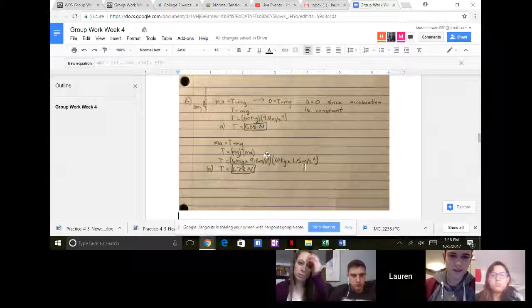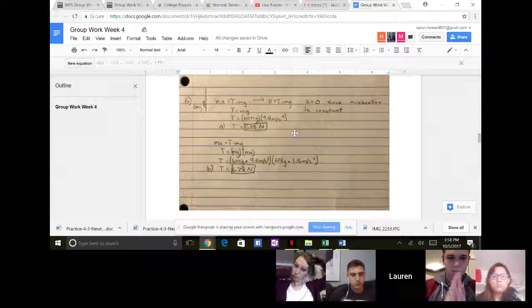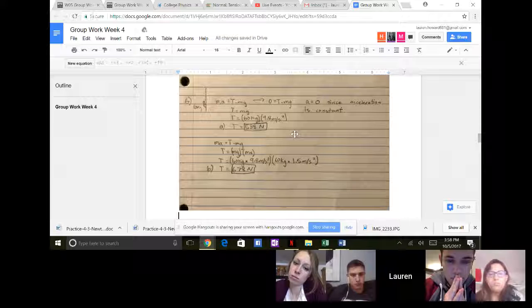I have a question really quick. Looking at your equation, you said mass times acceleration equals tension minus mass times gravity? Yeah. So when you took tension out and solved for tension, shouldn't it be added? Shouldn't mass times acceleration be plus mass times gravity? Or am I looking at it wrong?